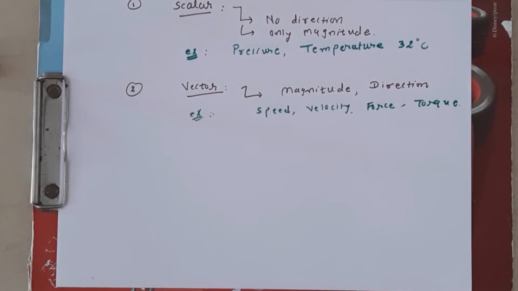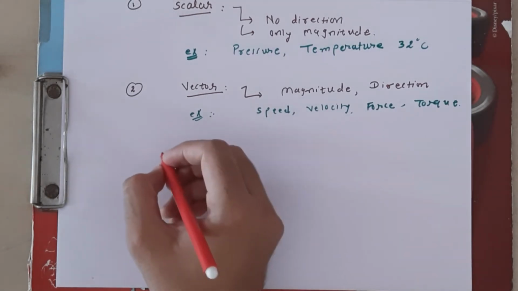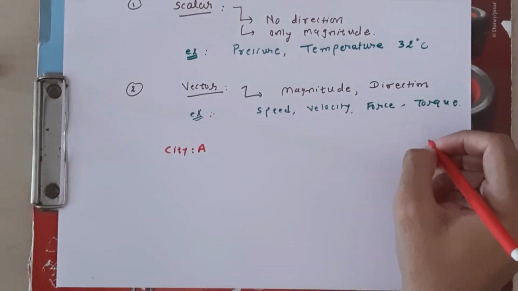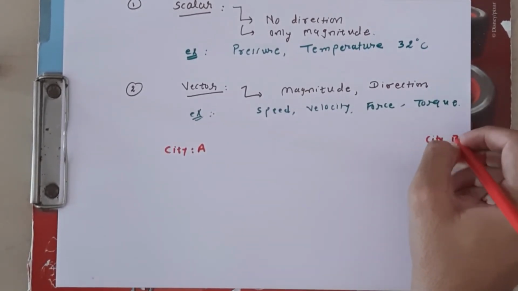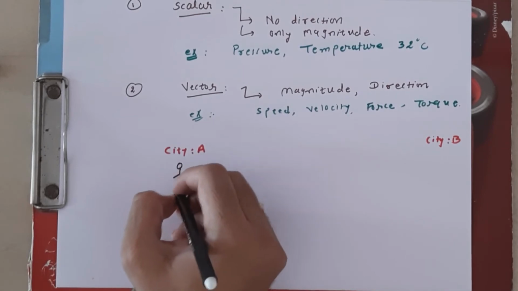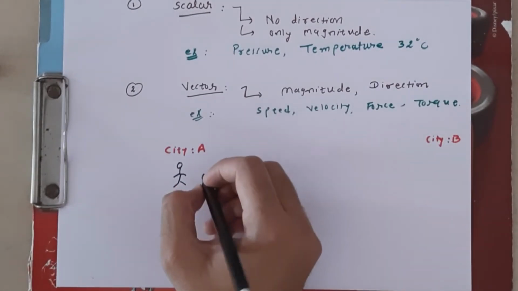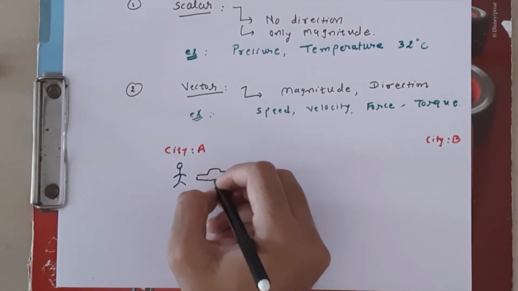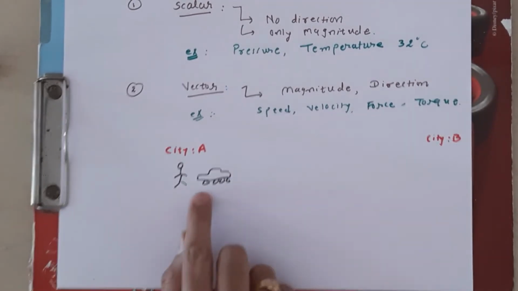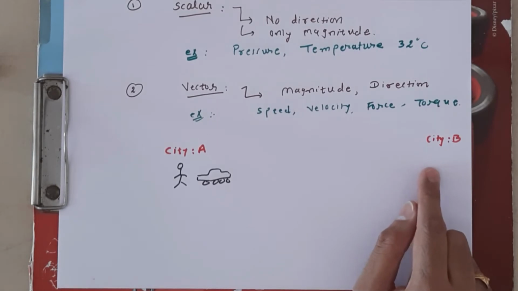To understand the concept of scalar and vector, I will give you one small example. Suppose here it is city A and here it is city B. Now a boy is driving a car from city A to city B. Now what information is given?